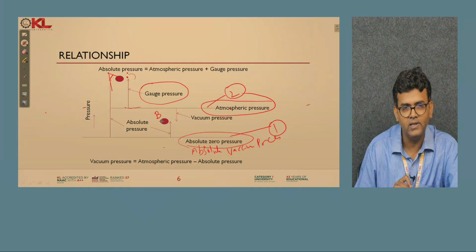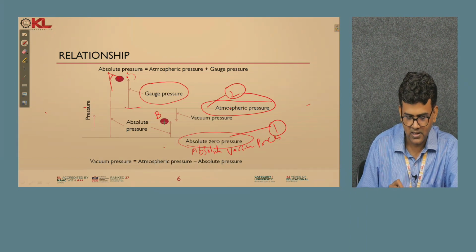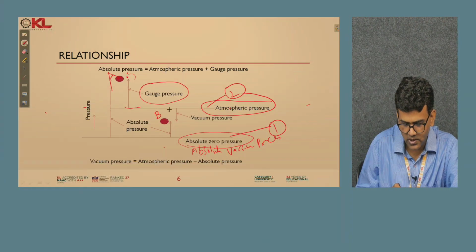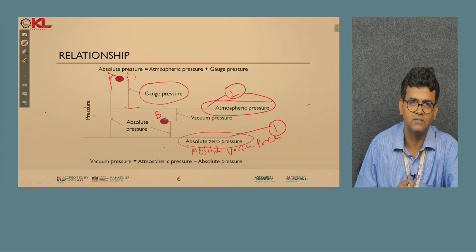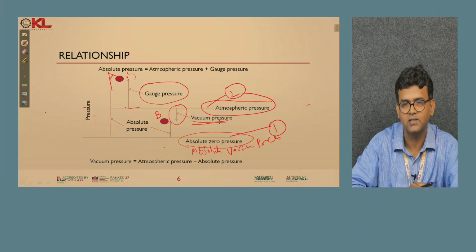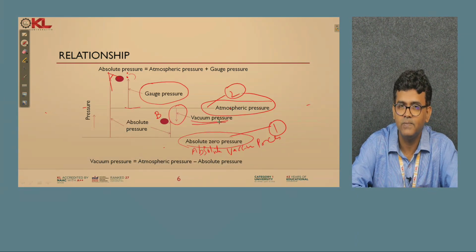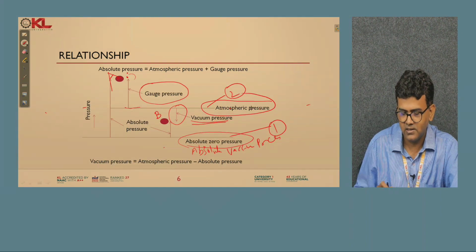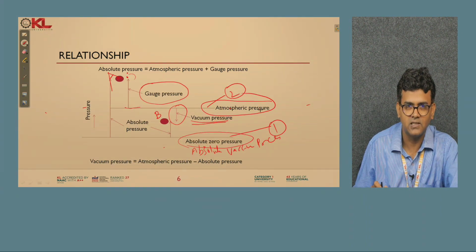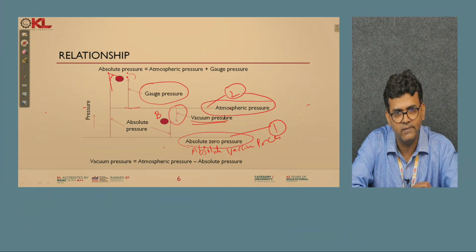While at point B, if you are measuring the pressure with the same reference line as the atmospheric pressure, but this point B is below the atmospheric pressure, so this pressure is treated as the vacuum pressure. Vacuum pressure is the pressure that is measured in respect of the atmospheric pressure, and this is below the atmospheric pressure.